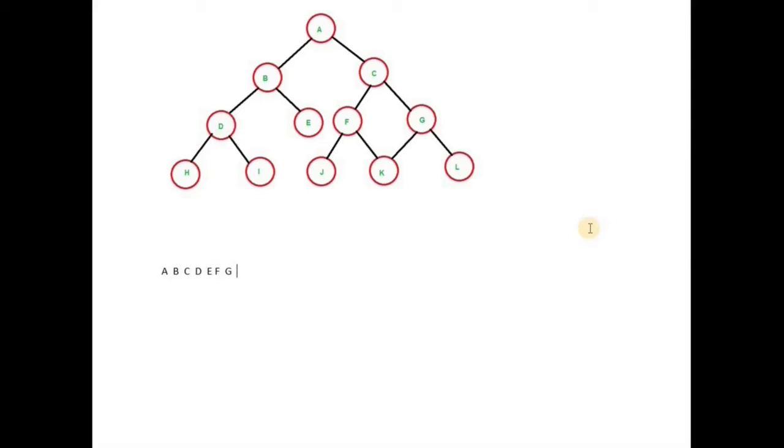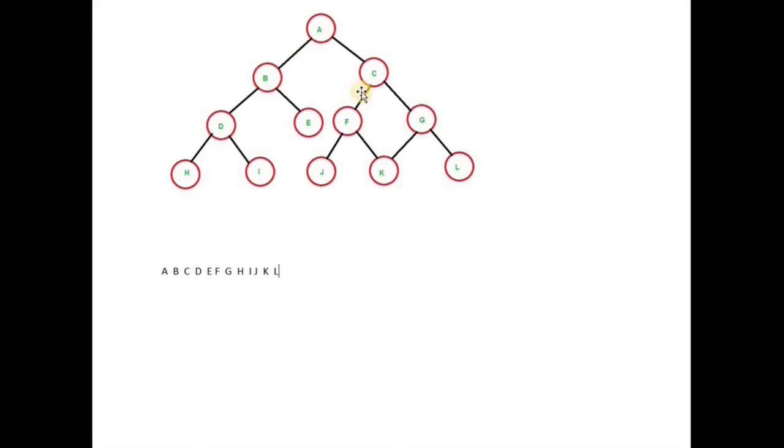From D, the nodes I can visit are H and I. Then from E I cannot visit any node. From F I can go to J and K. Then from G I can visit K and L. K is already visited, so I will go for L. Right now I have visited all the nodes.